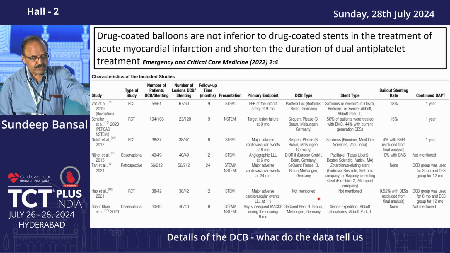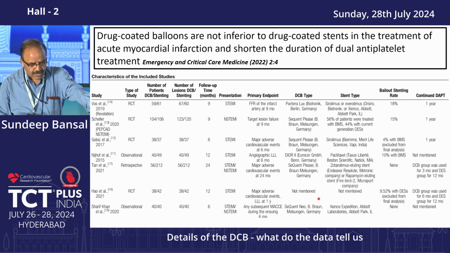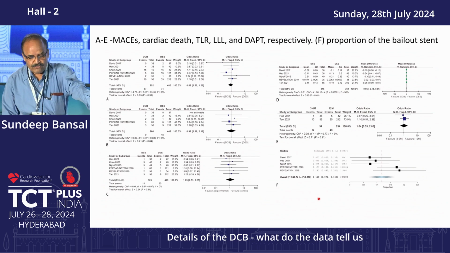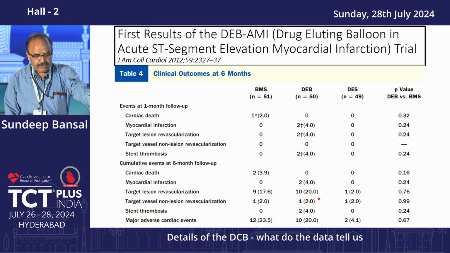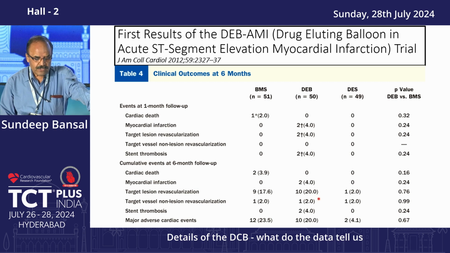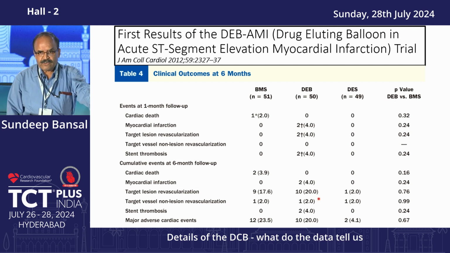It has also been used in subsets like myocardial infarction, and they are known to shorten the duration of DAPT in those patients. And this is again DEB-AMI, which is a trial of drug-eluting balloons in acute myocardial infarction.